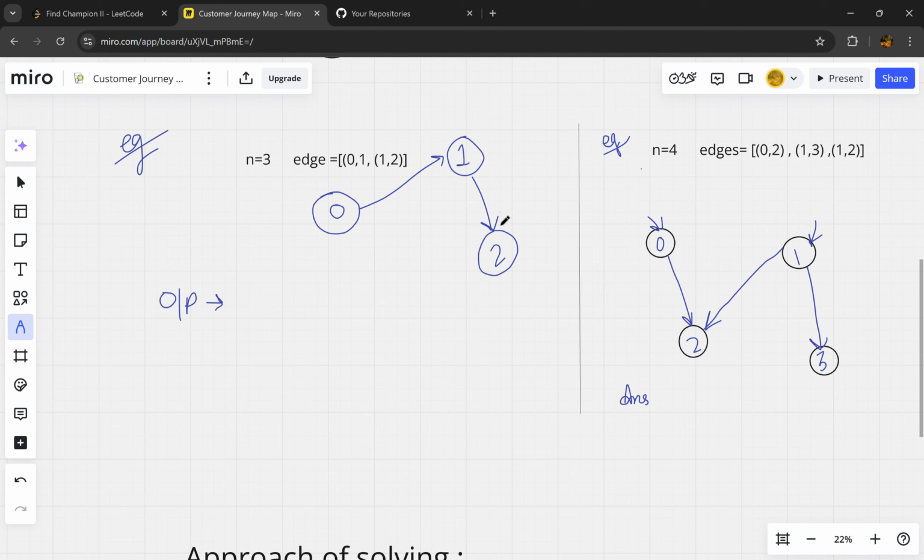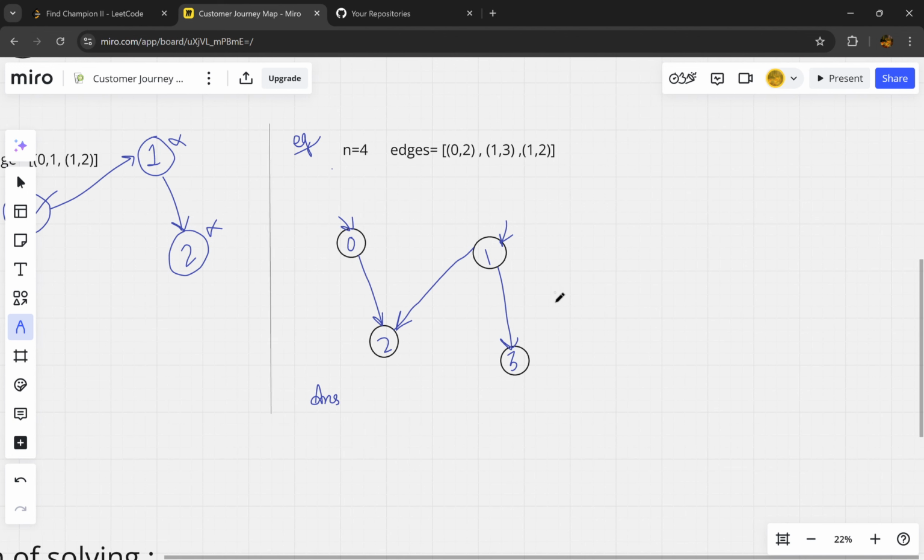Cool. 1 to 2, that means 1 is the winner over 2. Now 2 is disqualified because 1 is the winner in comparison to it. But 0 to 1, 0 is the winner, no? That means 1 is also disqualified, hence our output will be 0.